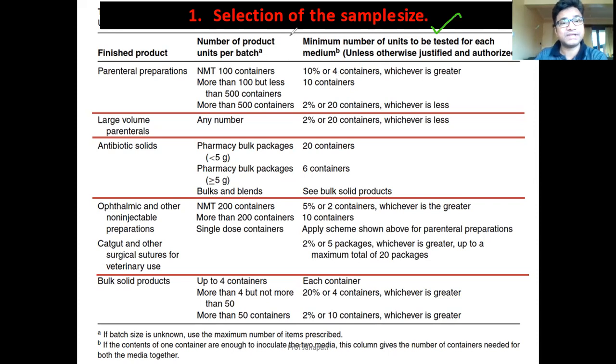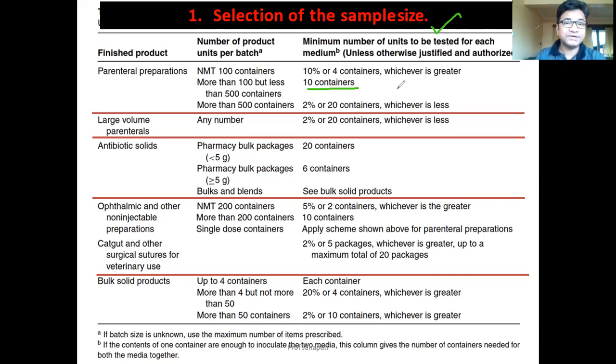Selection of the sample size, more than 100, between 100 to 500, you need to take 10 containers. They have told directly 10 containers. More than 500 containers, 2% or 20 containers, whichever is less.